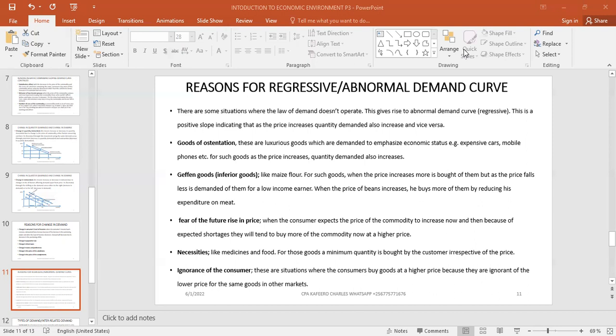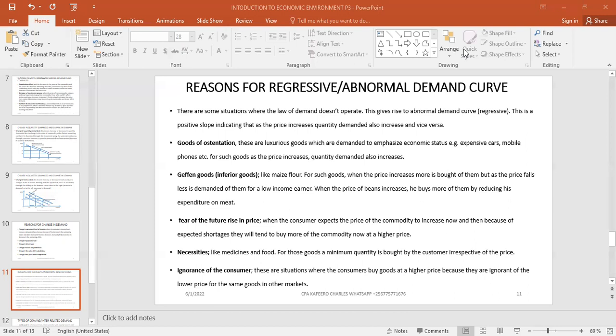Why? Because when they see the price is increasing, since they are poor, they are earning less, they cannot afford to buy other items. So even if the prices are increasing, they will continue to buy it because that's what they can afford. They will ignore buying other goods. Let's say they ignore buying meat and they buy the maize flour even if the price is increasing. Reason, because that's what they can afford.